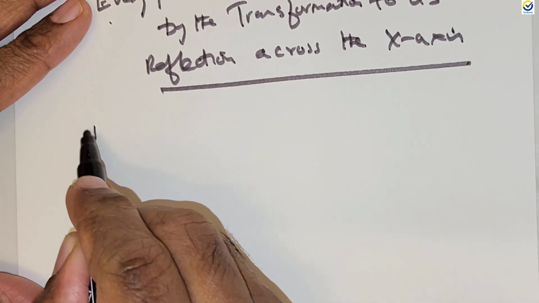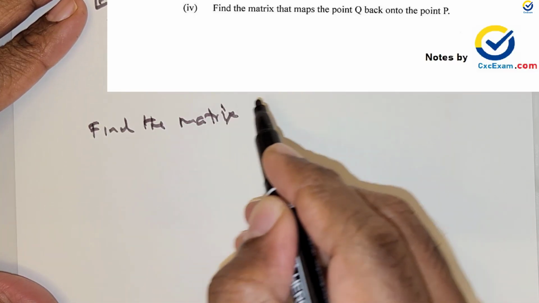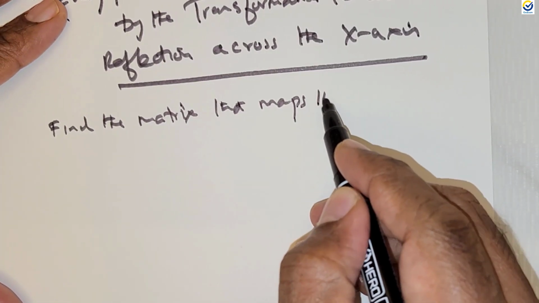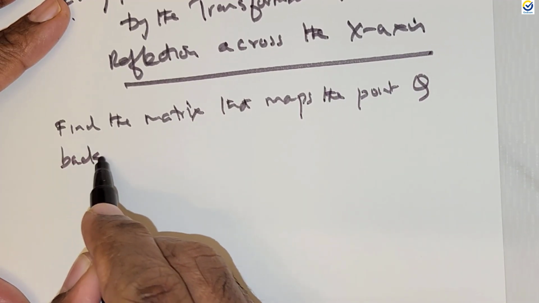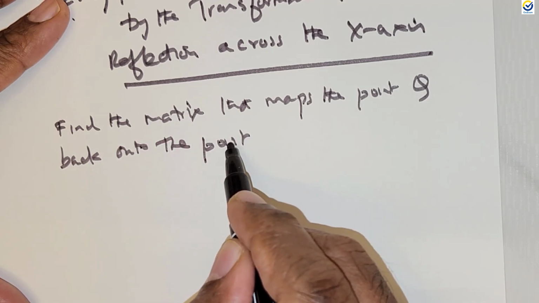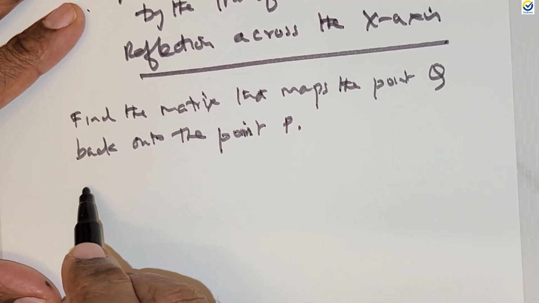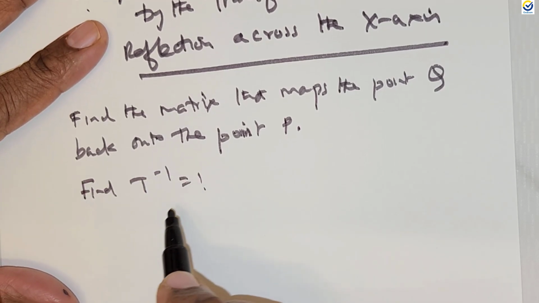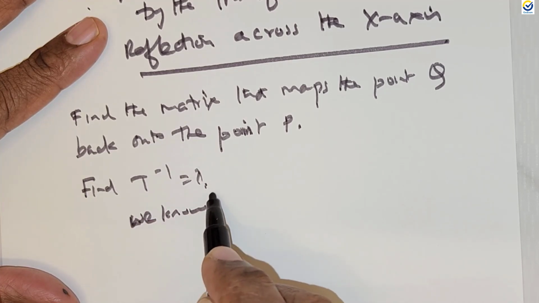Now for this question they are asking us to find the matrix that maps the point Q back onto the point P. So what they are asking us is to find T inverse.